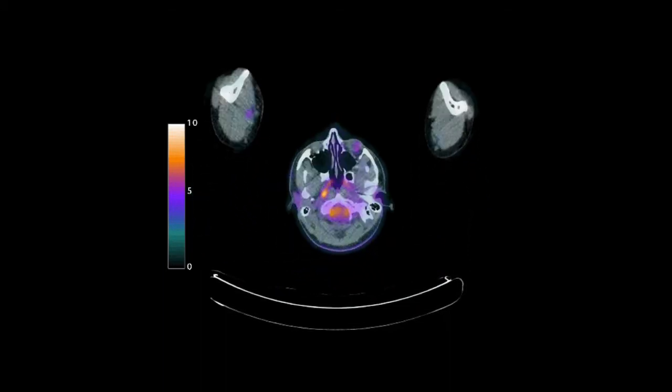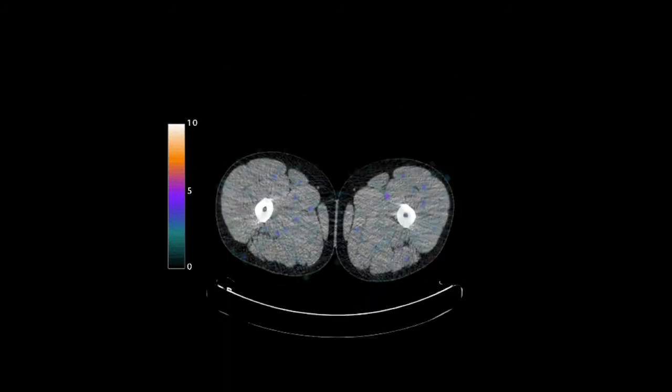And the neck. So what that scan showed was ring uptake around the tissue aortic valve, but also tonsillar uptake and bilateral neck lymphadenopathy.